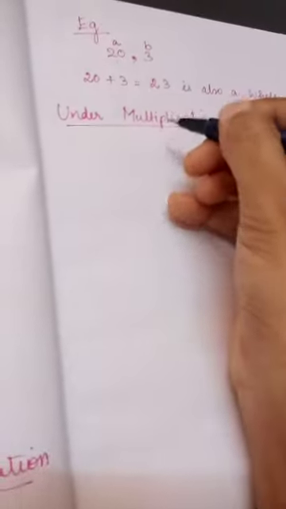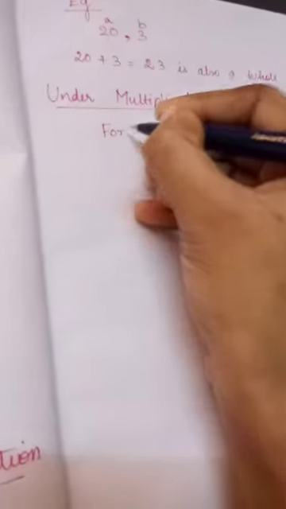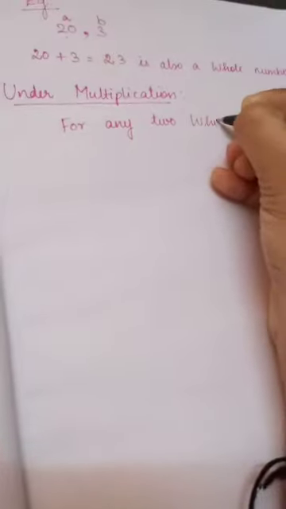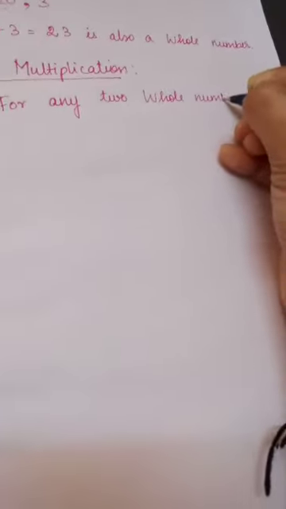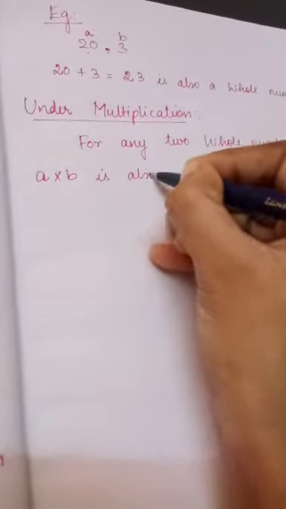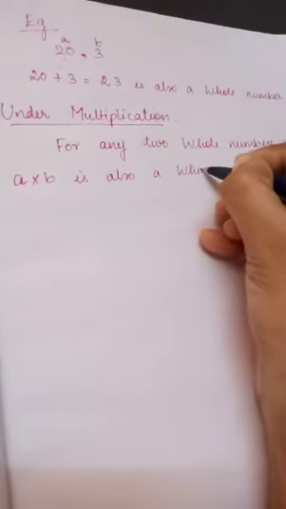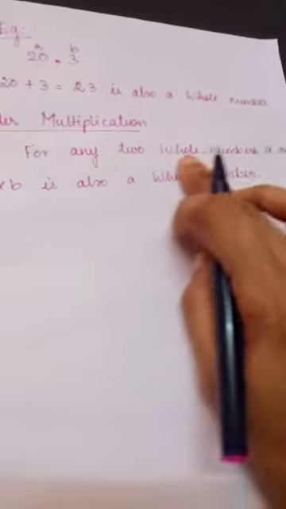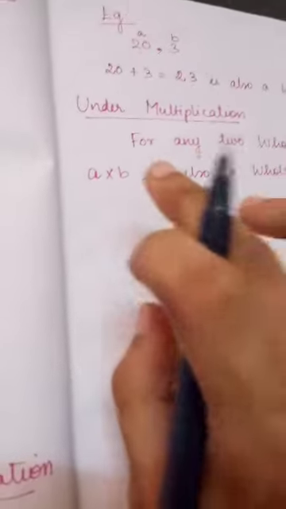Next comes our multiplication. This also has a rule: for any two whole numbers A and B, if I multiply A into B, this is also a whole number. I am taking two whole numbers, A and B. If I multiply those two whole numbers, the answer is also a whole number.